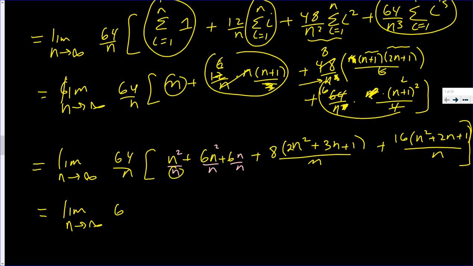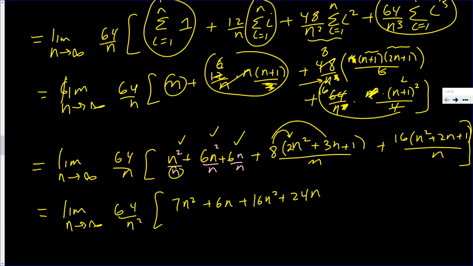So it's going to be 64 over n squared. Well, you have n squared plus 6n squared, that's 7n squared plus 6n plus 16n squared plus 24n, finally plus 8. And then 16n squared plus 32n plus 16.